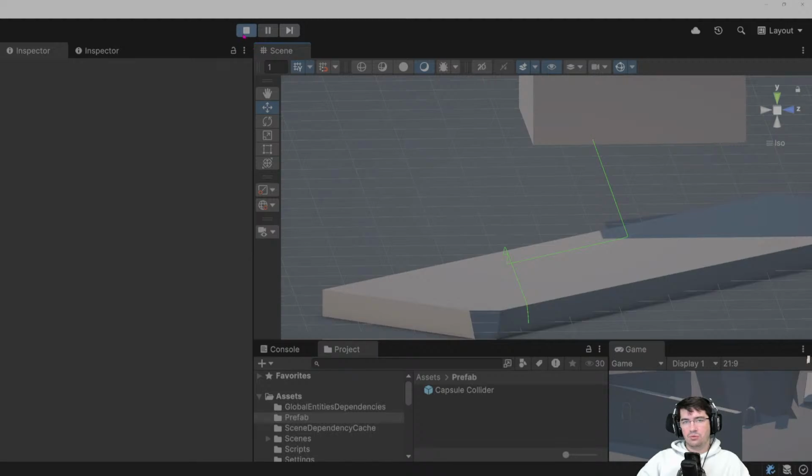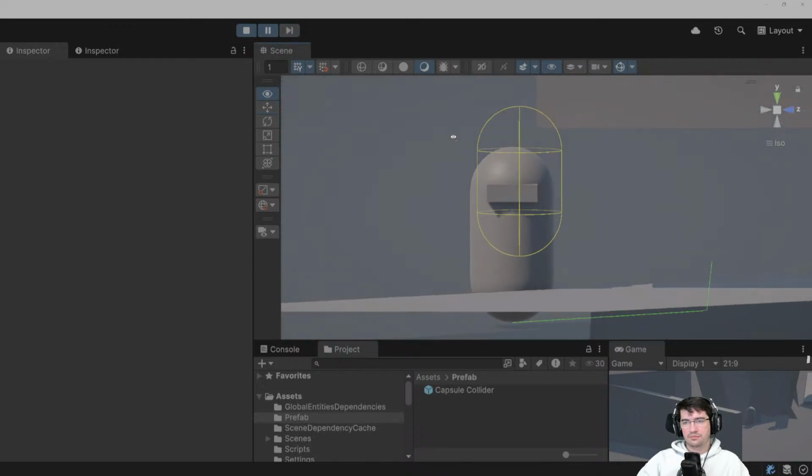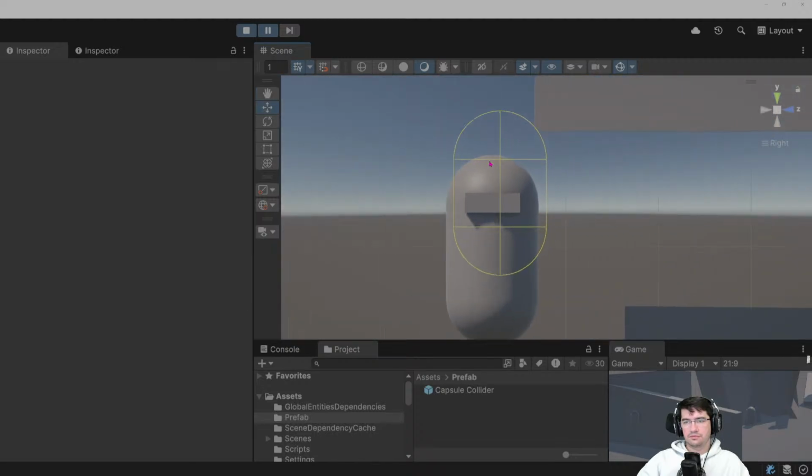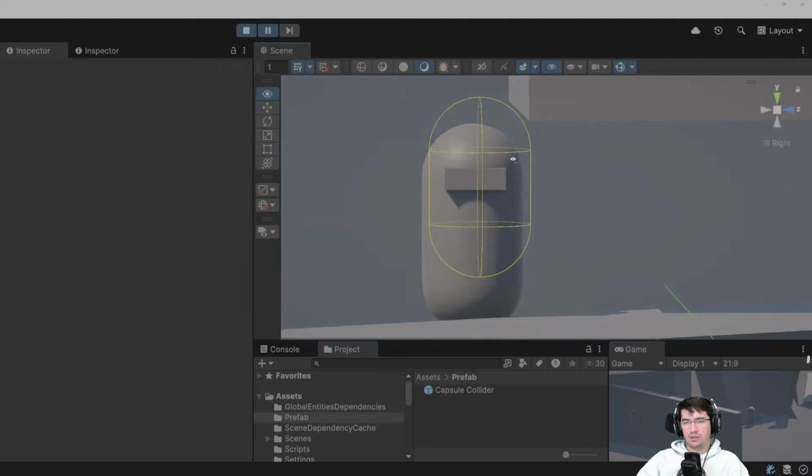I don't understand why I need to add it again 3 times. Here I'm still colliding, so I'm not going up. I'm no longer colliding, so I can go up.